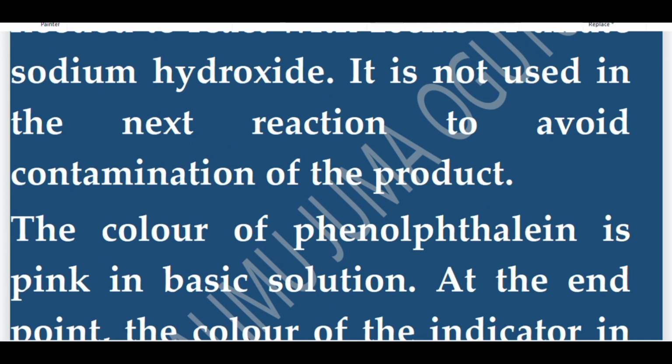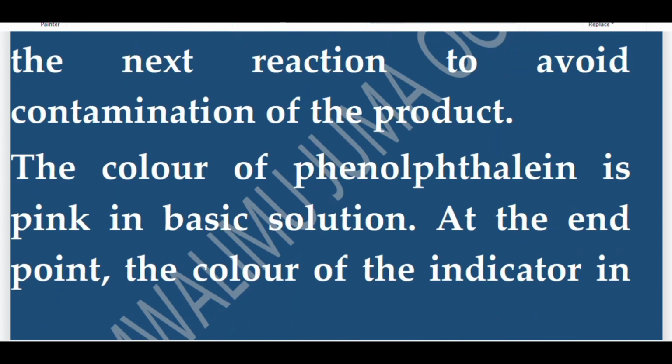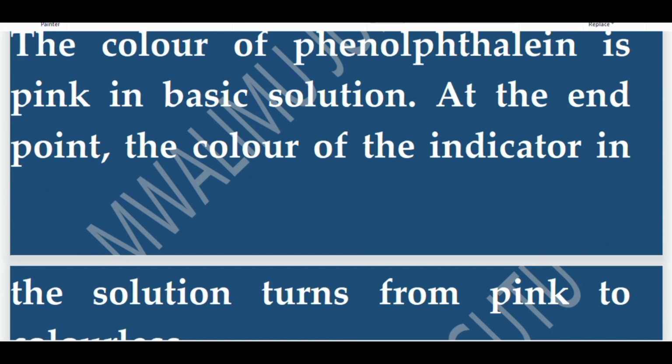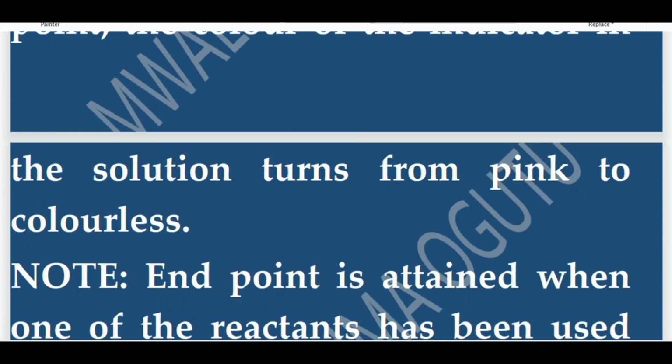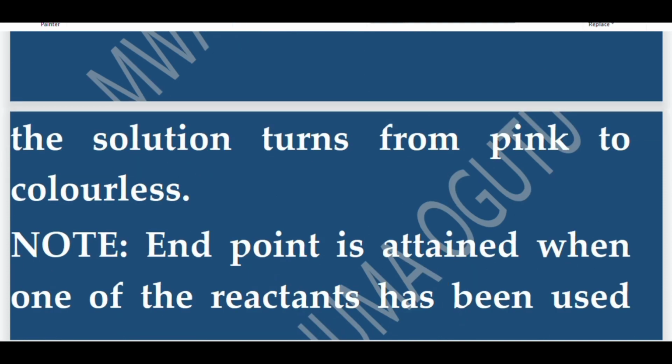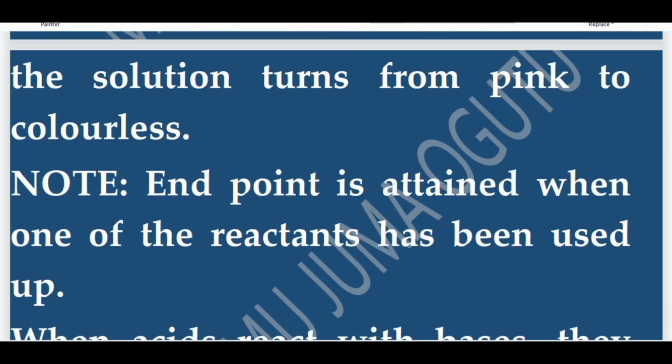So when carrying out another reaction, we begin with new substances and clean apparatus. The color of phenolphthalein is pink in basic solution. At the endpoint, the color of the indicator in the solution turns from pink to colorless. The endpoint is attained when one of the reactants has been used up.